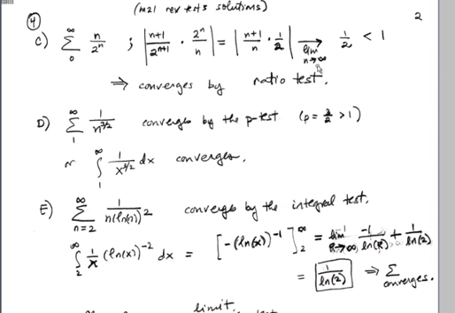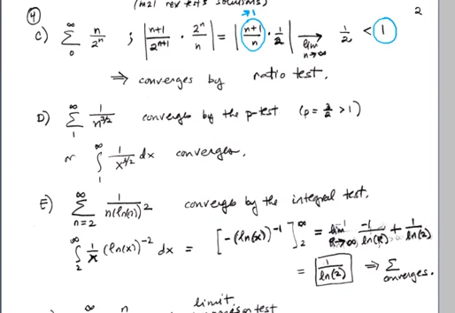Then take the limit as n goes to infinity. This piece over here goes to 1, so we're left with 1/2. And 1/2 is less than 1. So by the ratio test, this converges. The ratio test actually shows absolute convergence.